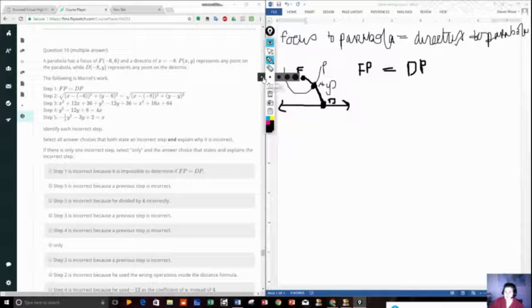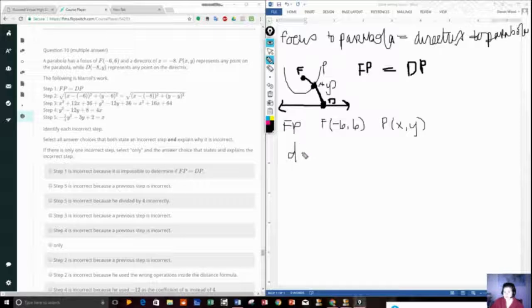So step 2, we have the distance formula. So let's use our FP. What is the distance formula? F is negative 6, 6, and point P is (x, y). It represents any point on the parabola. So let's find our distance for FP.